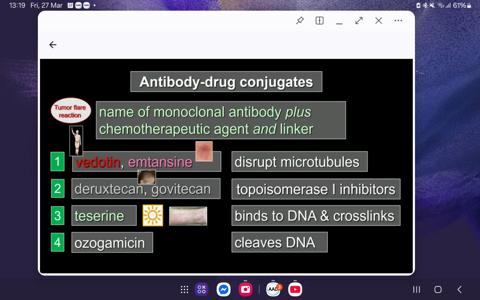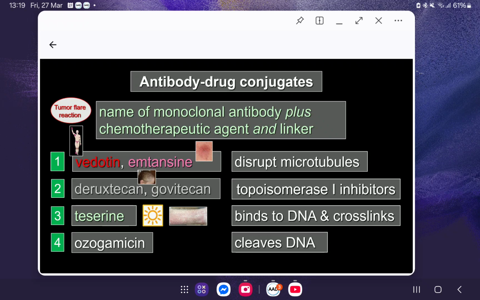So I have shown you my antibody drug conjugates to remind you the monoclonal antibody recognizes the tumor cell. Then you have the linker plus the chemotherapeutic agent. It's cleaved inside the cell, and then you get your effect.